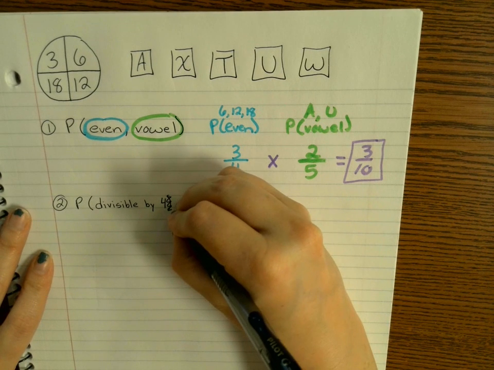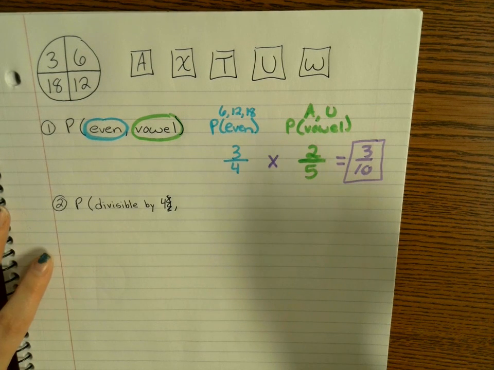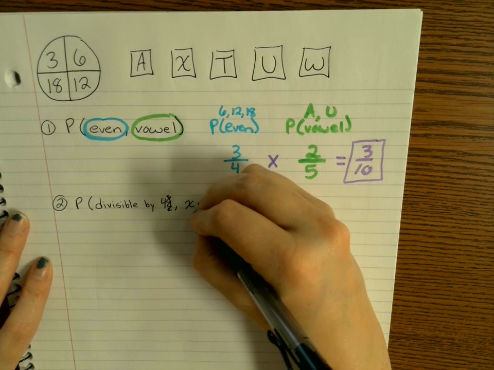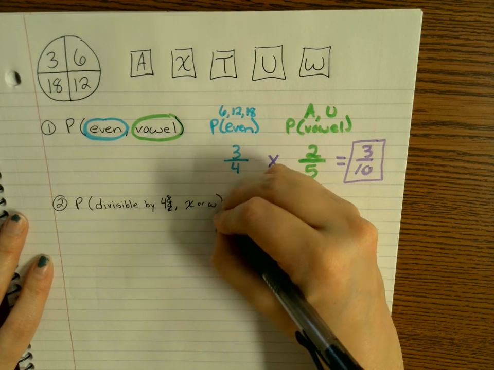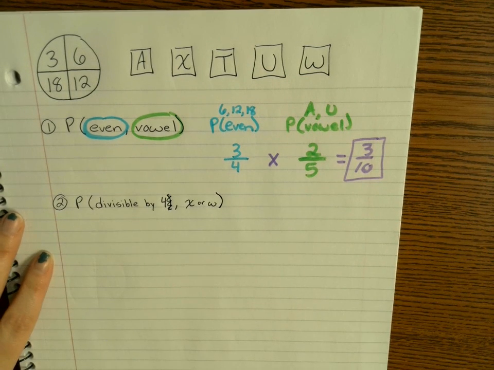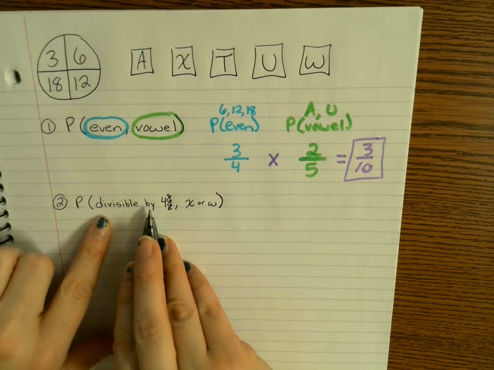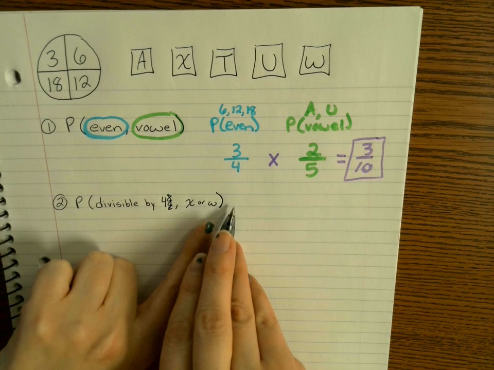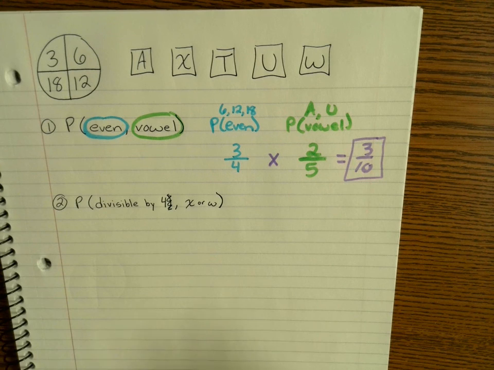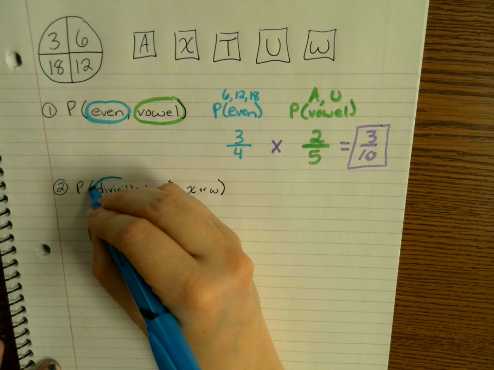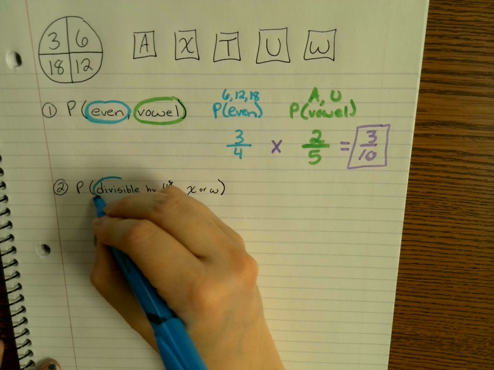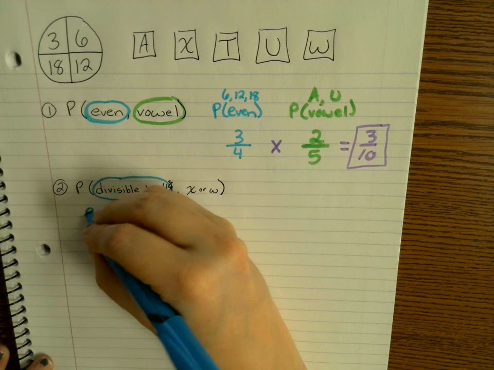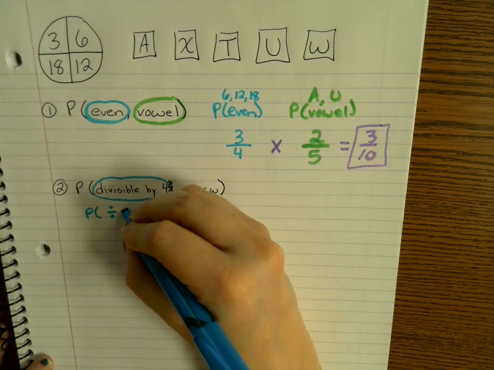And then a probability of an X or a W. An X or a W. So I want the probability that I'm going to get a number that is divisible by 4, and then I'm going to pull an X or a W. Okay, so we're going to, again, separate those events. We're going to focus first on the divisibility by 4. So the probability that I'm going to get a number that I can divide by 4.